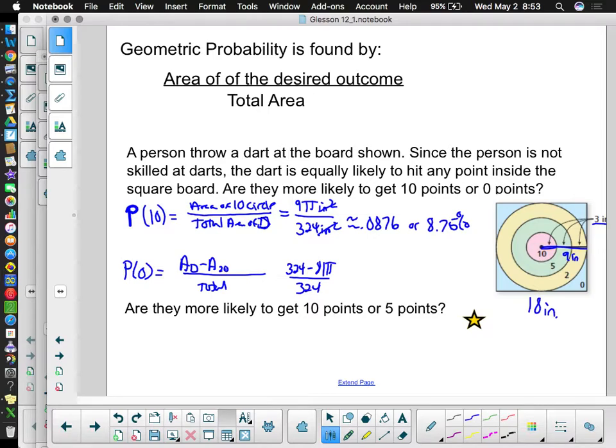So there's my exact probability, but again, I'm going to do that 324 minus 81 pi first. 69.53 over 324. So 69.53 divided by 324 is about 0.2145 or 21.46%.